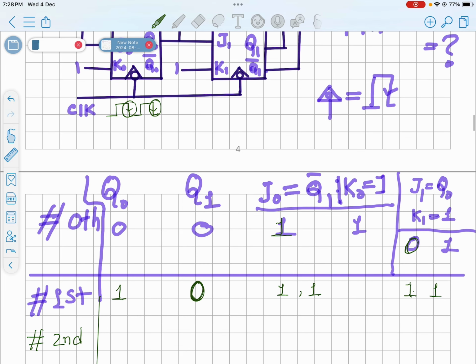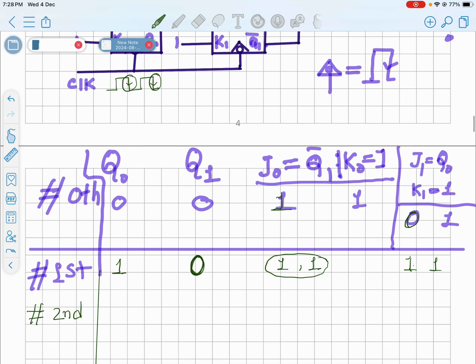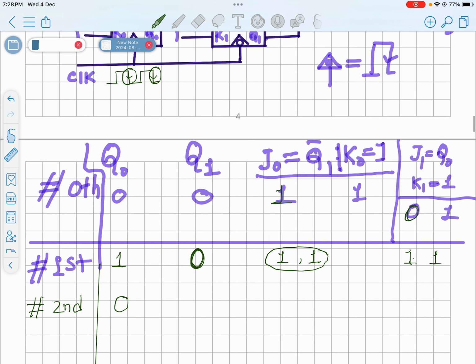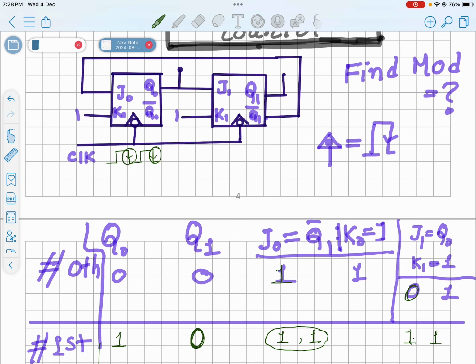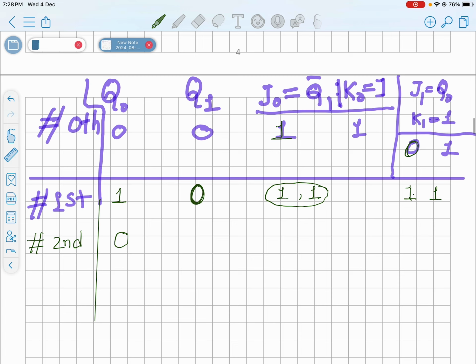J is 1, K is 1, so this is the complemented case, right? The 1 will become 0, and the second flip-flop, 1 1, will complement to 1. Now J0 will be 0 as Q1 is 1, so Q1 bar is 0, and K is always 1, so 0 and 1.